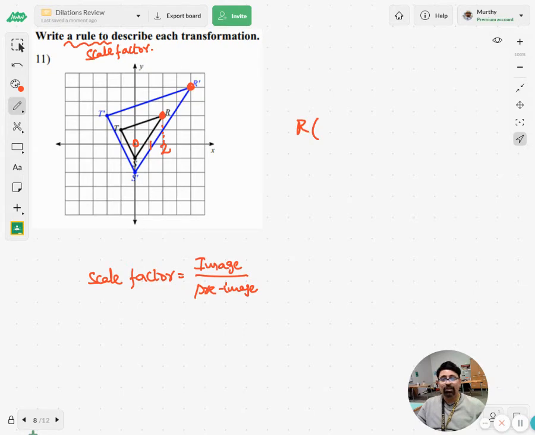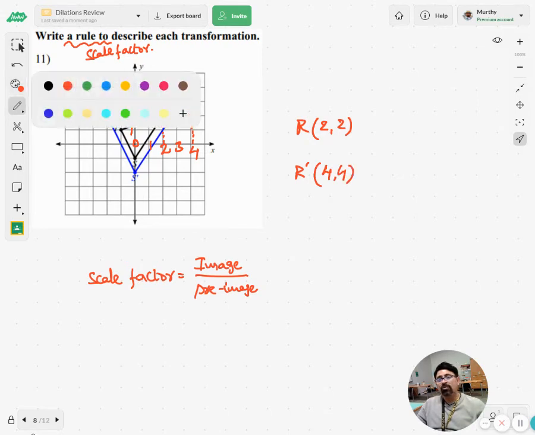I see that x value is 2 and y value is also 2. So R is (2, 2). Next, R prime, that is on the x-axis it is 4, on the y-axis this is 4. So it is (4, 4).